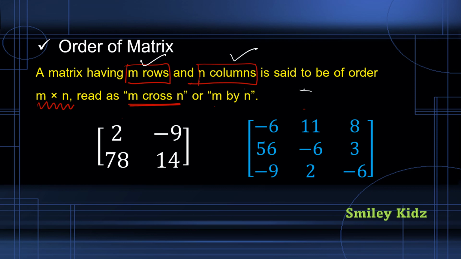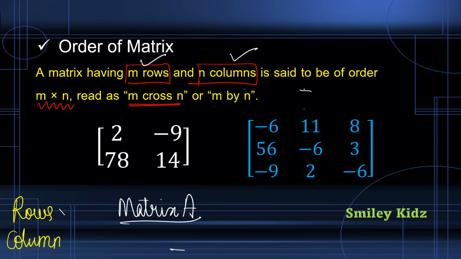If you look over here, m rows and n columns. First of all, let's term this first matrix as matrix A. In matrix A, come on now, tell me how many rows and how many columns are there. It's quite evident that there are 2 rows and 2 columns, isn't it?